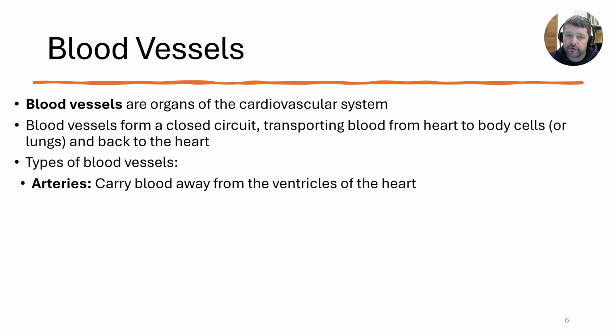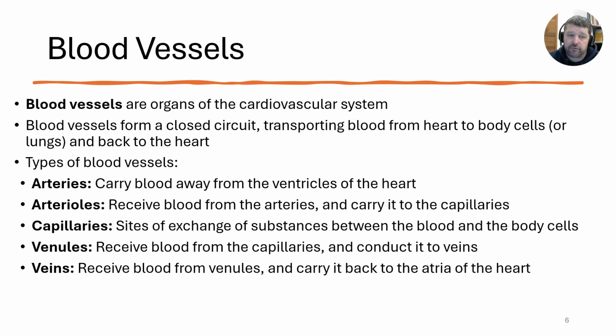You have arteries, which carry blood away from the heart, and then you have veins, which carry blood to the heart. Now you have different kinds of renditions or intermediates of these.